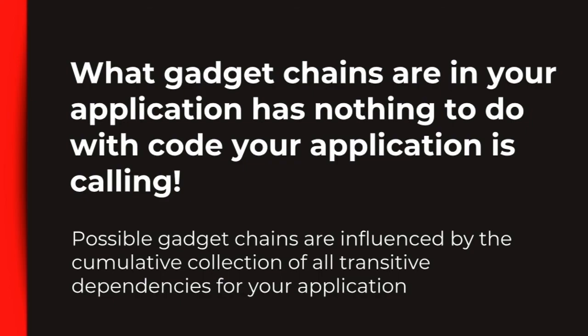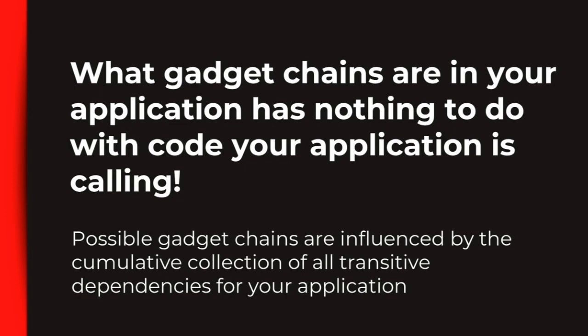So the important thing to note about that example that I just gave, though, is that all of that had nothing to do with what the application was actually calling, what code it was invoking. That payload would have worked just as well with that first example I gave that tried to cast things to users. That payload had nothing to do with what the application expects to do with the payload once it's deserialized.